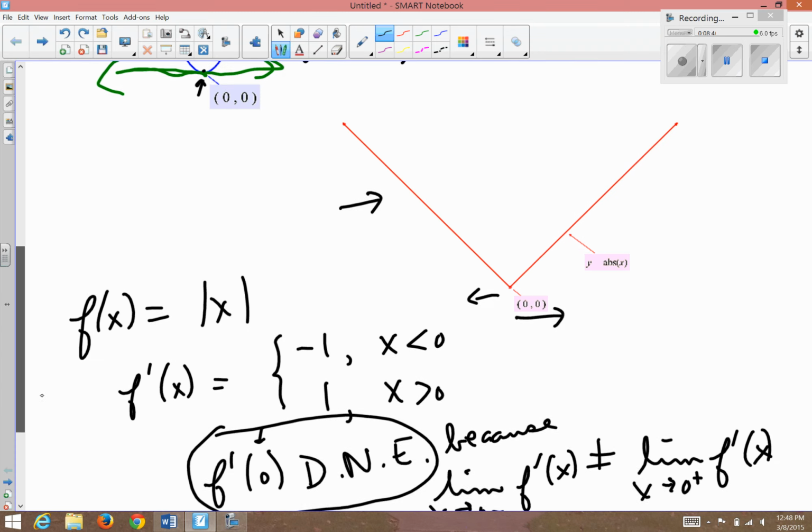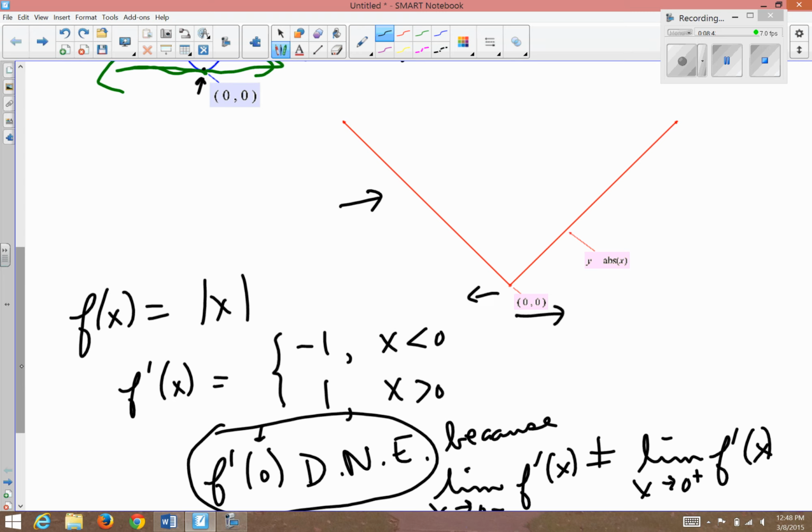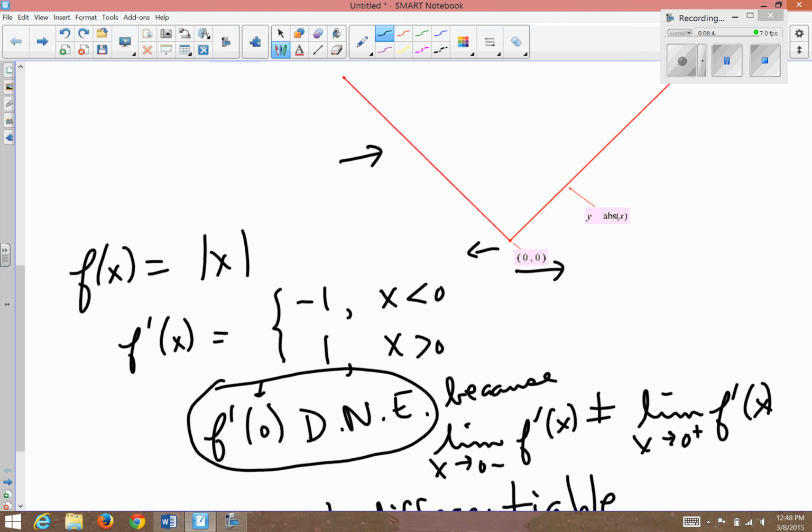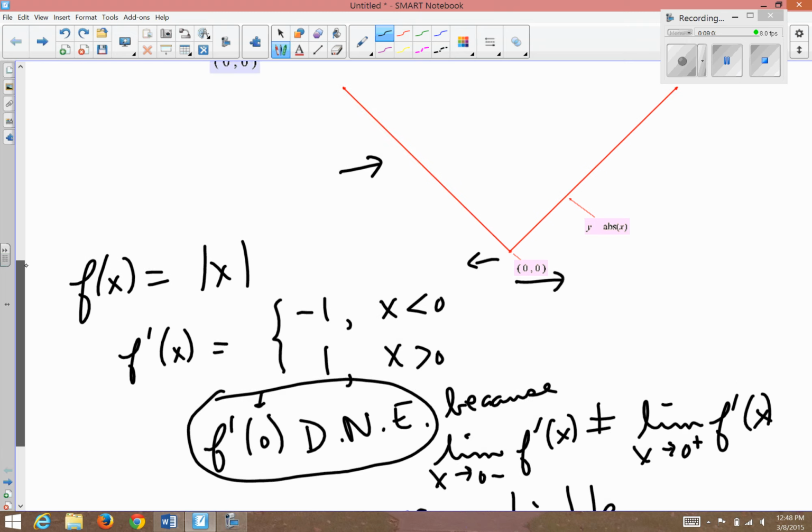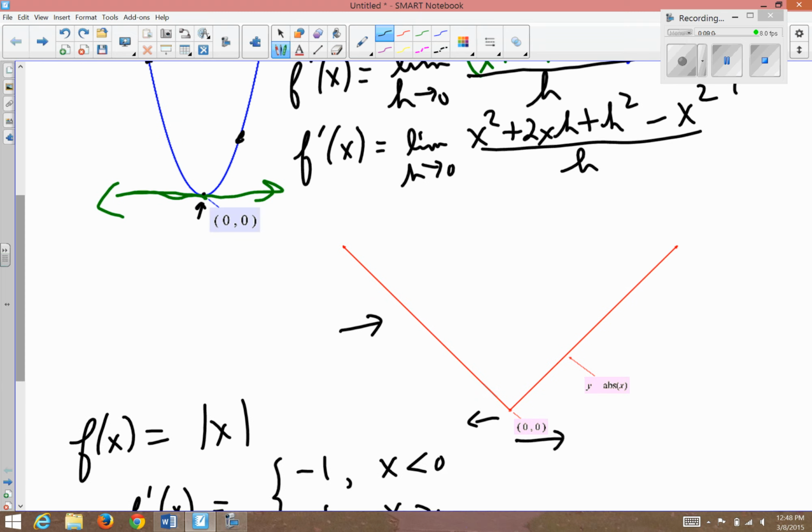For the function f of x equals the absolute value of x, the derivative is non-existent at 0. But to the left of 0, the derivative is -1. To the right of 0, the derivative is 1. So this happens anytime a function has something that we call a sharp turn.